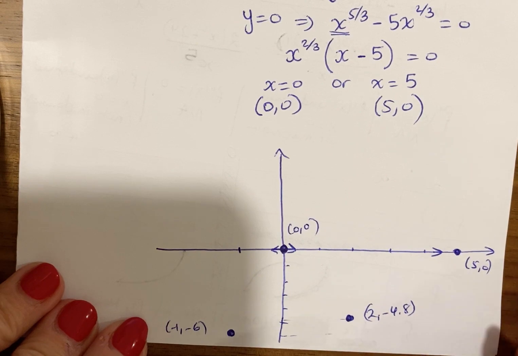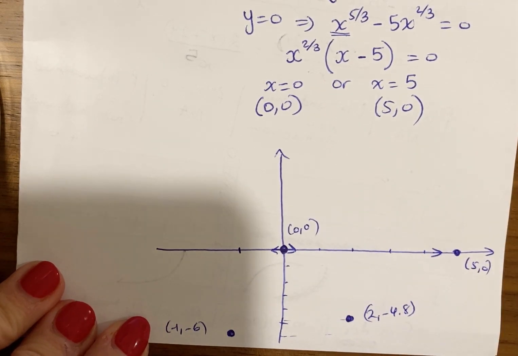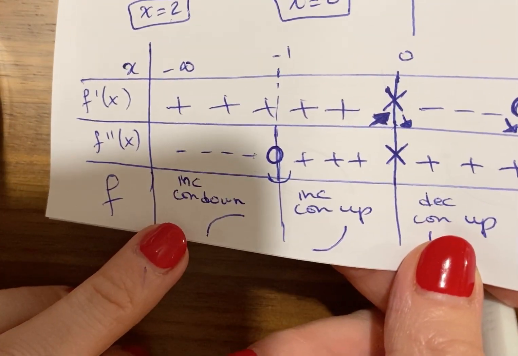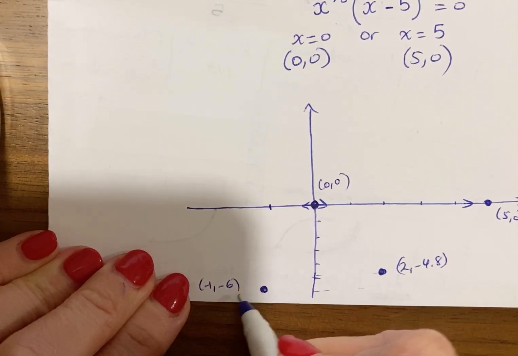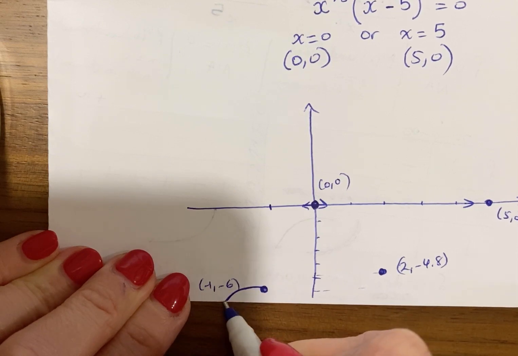Now let me copy the table of variation. So in the first part, we are increasing concave down.